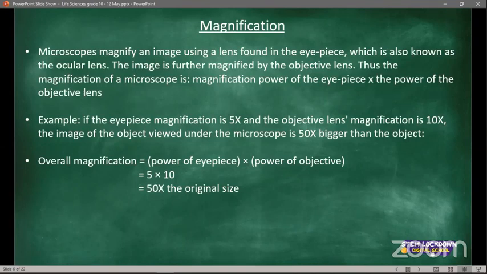Now the image is further magnified by the objective lens, and we said that the lenses can vary in size. No, actually, I meant to say the ocular lens can be the 5 times, the 10 times, or the 15 times.